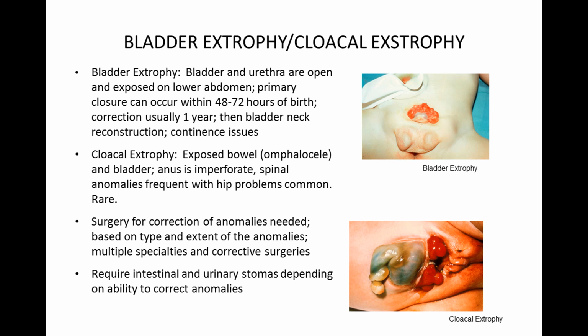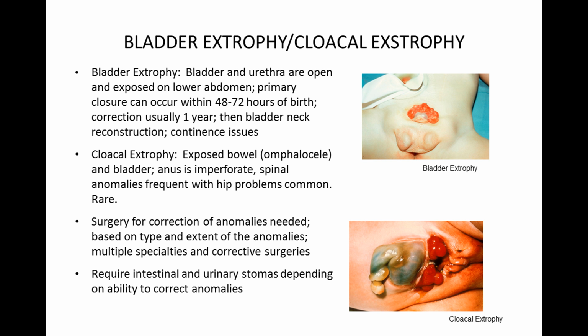For the child with bladder exstrophy, the bladder and urethra are open and exposed on the lower abdomen, as you can see in the upper photograph on this slide. Closure of the bladder usually occurs soon after birth, with bladder neck reconstruction after 1 year. Continence issues are common.